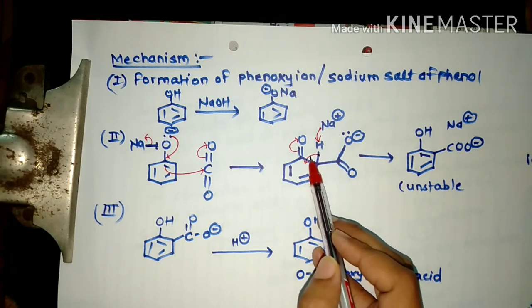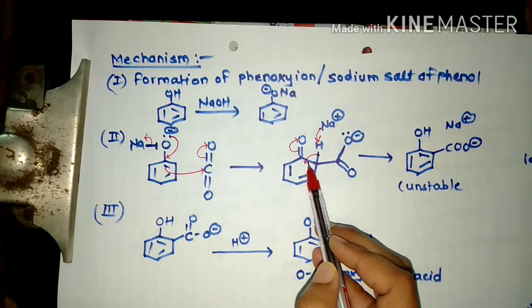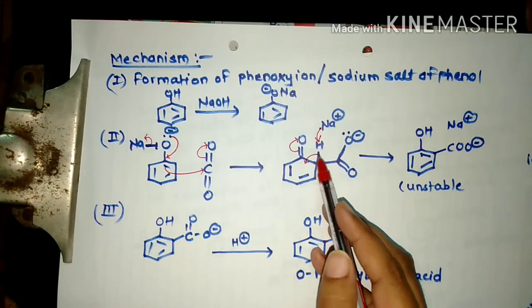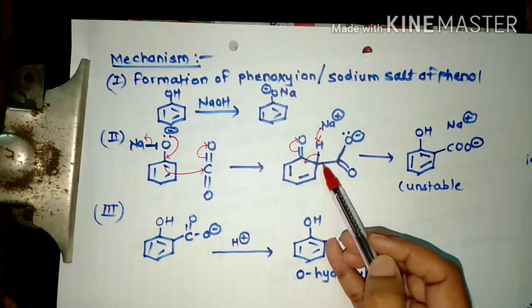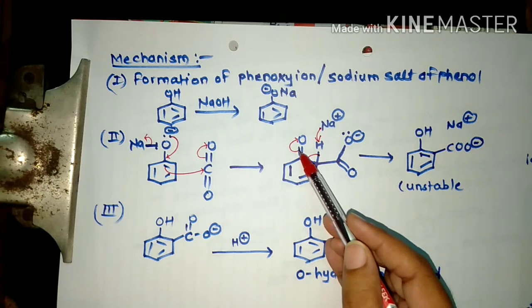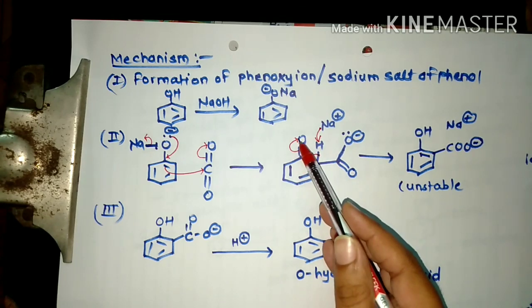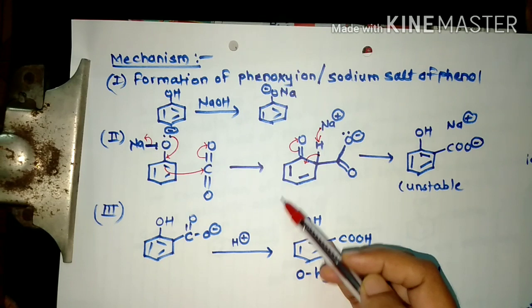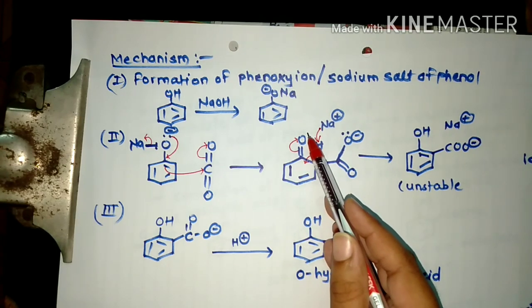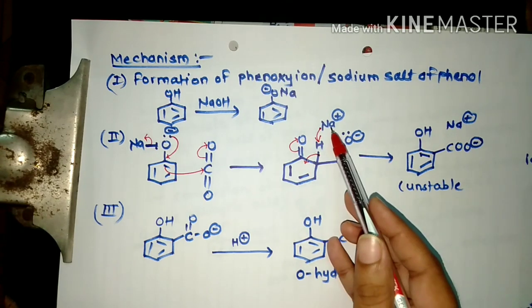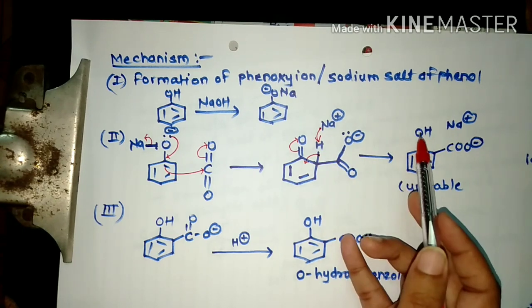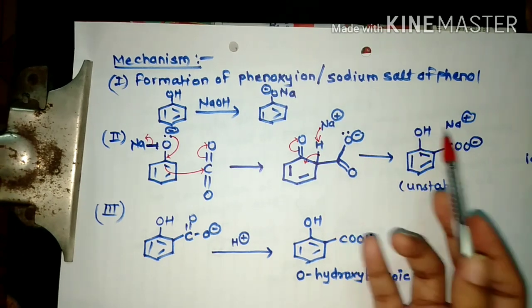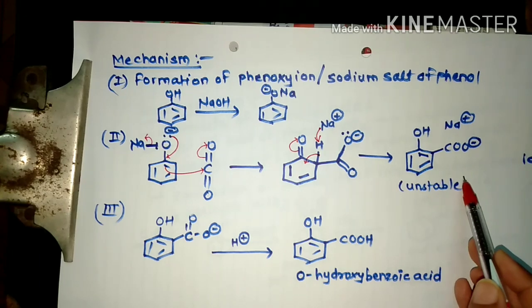So, this electron will get shifted in the benzene ring to stabilize this carbon, and the oxygen take its electron towards itself. Now, the oxygen become O negative. To stabilize this, the hydrogen will form a bond here with oxygen, which is unstable in nature.